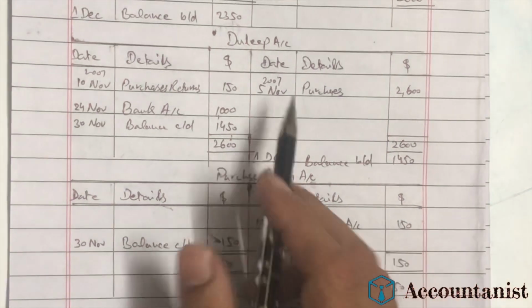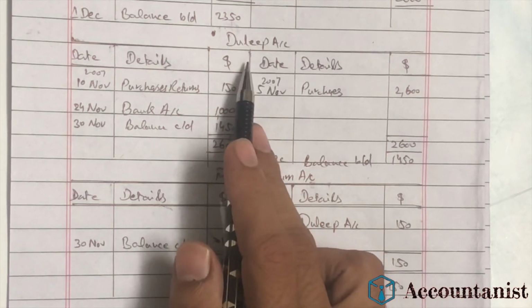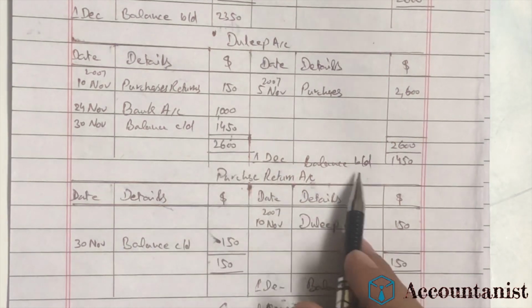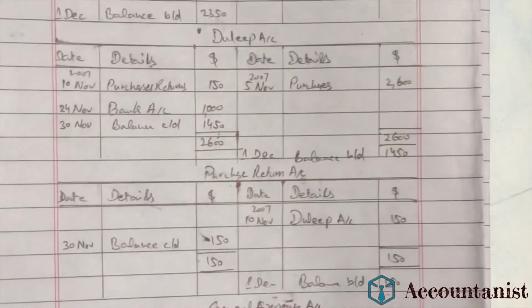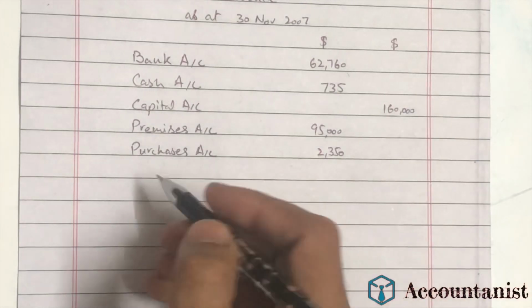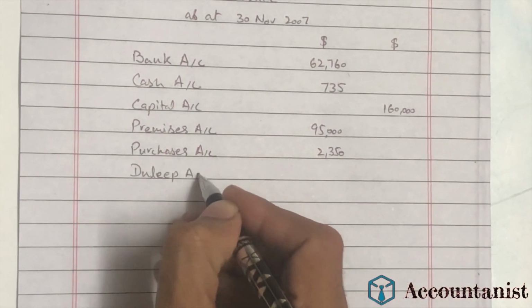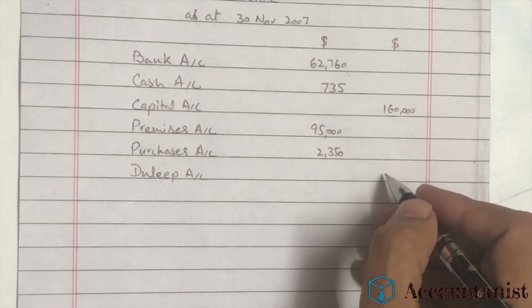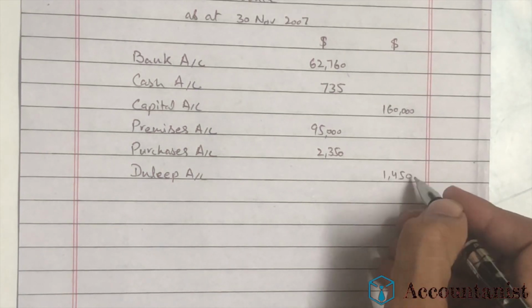Now the next account is Dolip account. Dolip is our trade payables account because we did purchases from this person, so that's why it has a credit balance. It's our liability. So Dolip account comes on the credit side with 1,450. So the next account is Dolip account, and the amount comes on the credit side, 1,450.